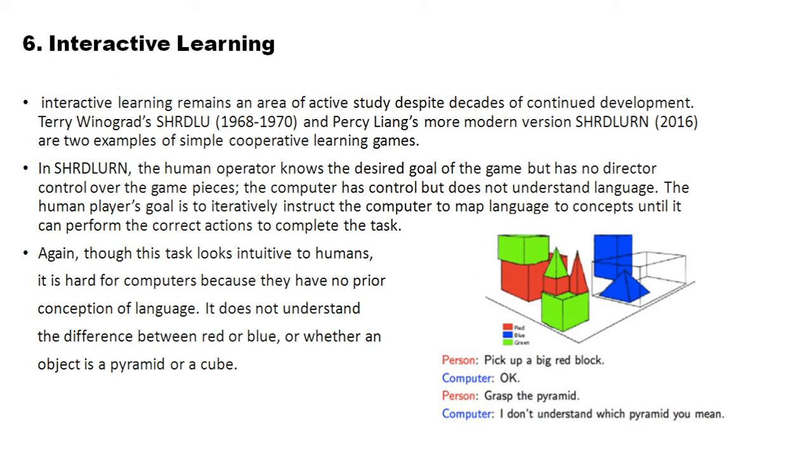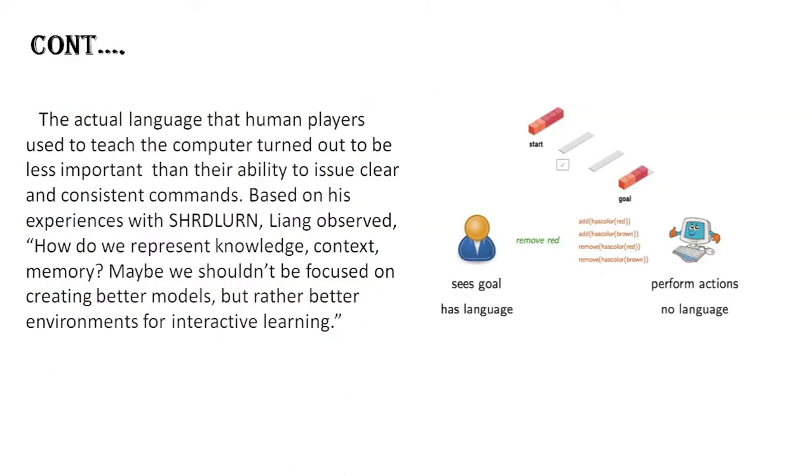Again, though this task looks easy to humans, it is hard for computers because they have no prior conception of language. It does not understand the difference between red or blue, or whether an object is a pyramid or a cube. The actual language that human players used to teach the computers turned out to be less important than the ability to issue clear and consistent commands.